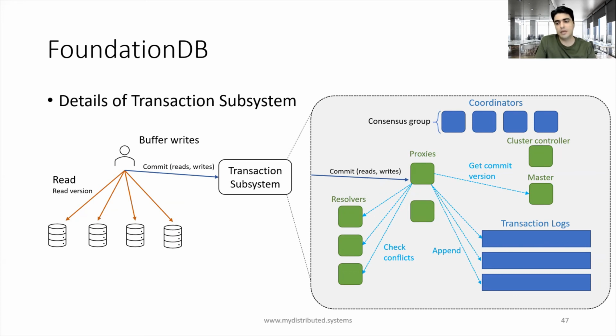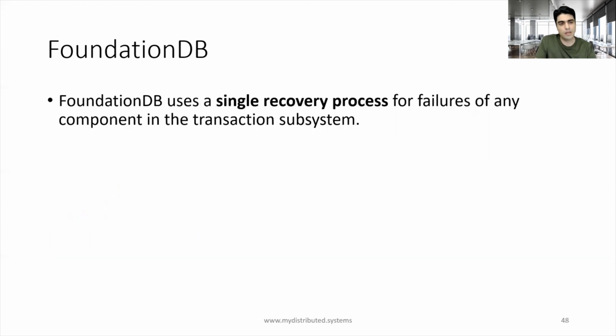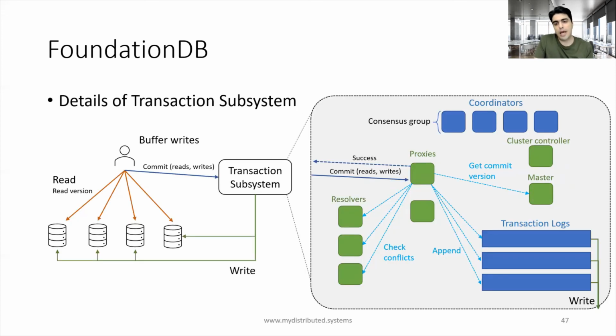After it appends the transaction to all of these transaction logs, it returns success to the client. And then the storage nodes will get these updates from these transaction logs. Each storage node reads updates from one of these replicas. Okay, so that was the happy path.